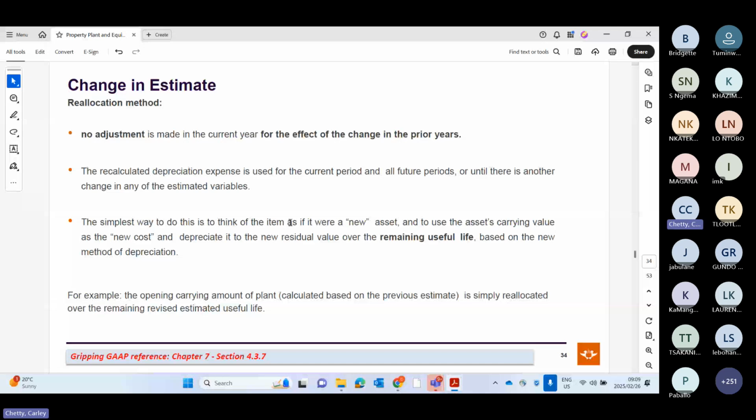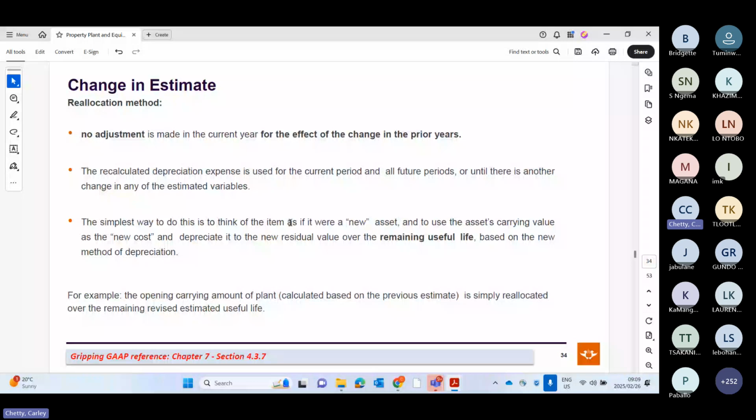The simplest way to think of this is that when we have a change in estimate, we think of the item as if it were a new asset, use the asset's carrying value as the new cost, and depreciate it to the new residual value over the remaining useful life based on the new method of depreciation.